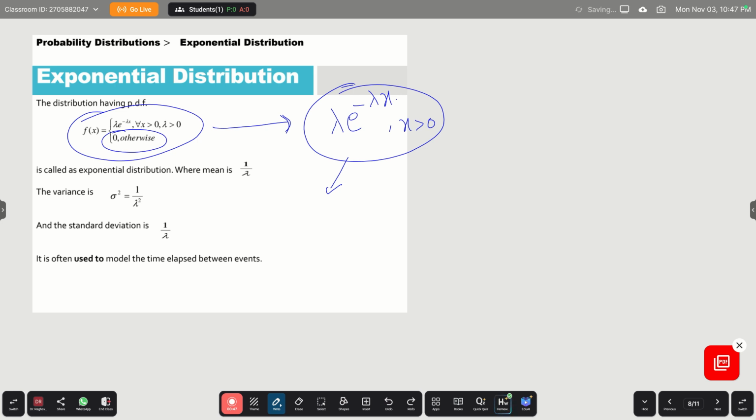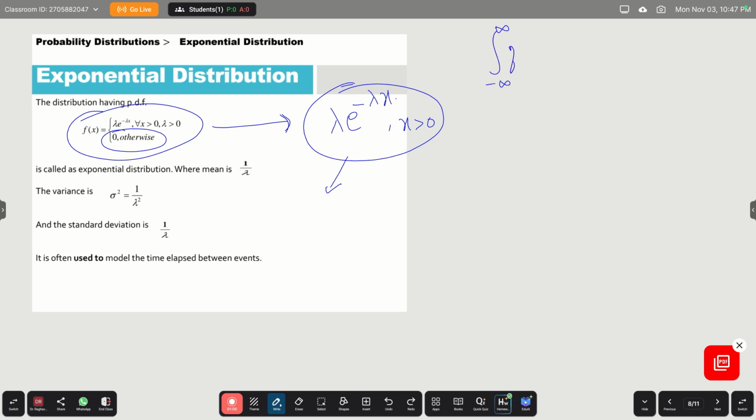It's very easy to show that this exponential distribution is a valid probability density function, as we have discussed already. Whenever f of x is non-negative and the integration is equal to 1, it's a valid probability density function.